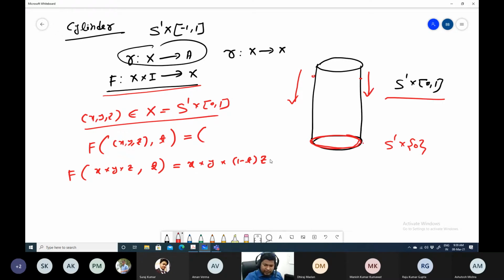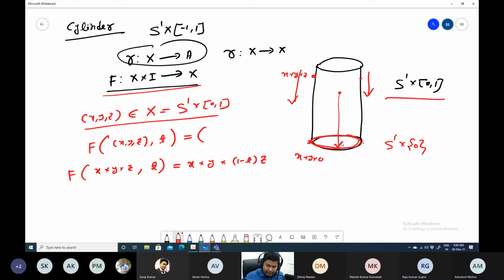Right. So that means whenever you have this point, at t equal to 0, that will be my (x, y, z) in the cylinder, and when t equals 1, that point will be projected to that point. Similarly, if you have this point, it gradually comes to this and moves in this direction.